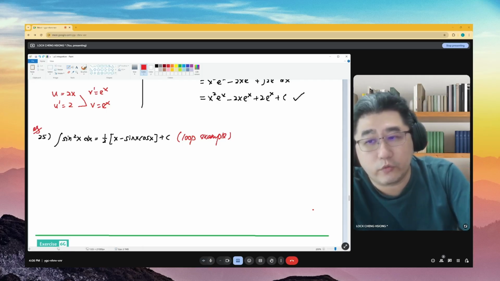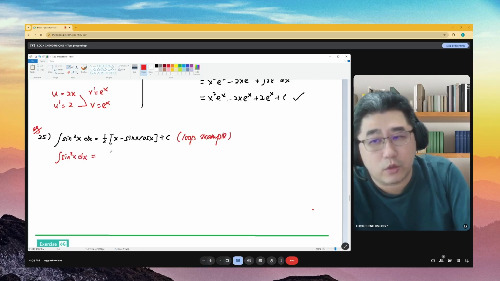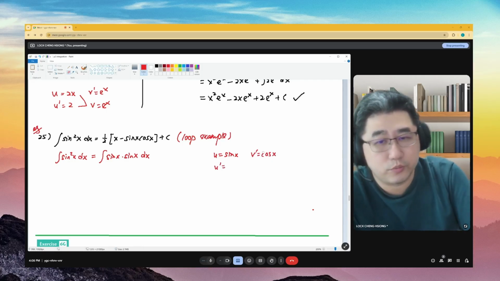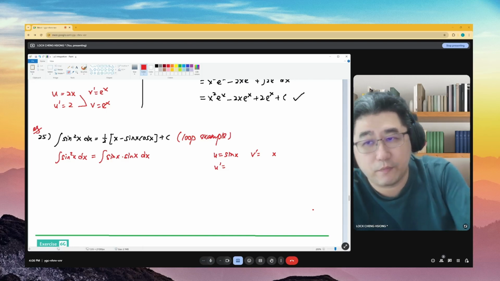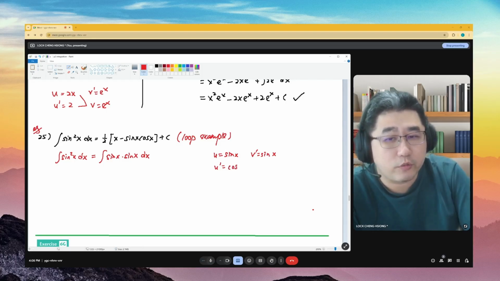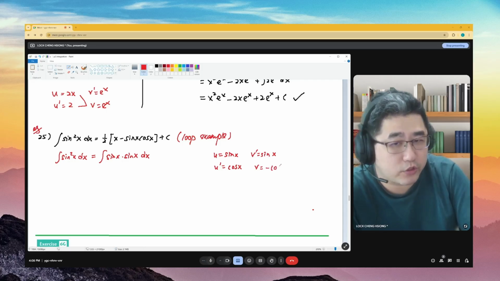So over here the question is the integral of sine squared x dx. I write it in the form of sine x and sine x. Then I will have my u equals sine x, and my v prime equals sine x, my mistake. u prime, differentiated, goes to cos x, and v, integrated from sine x, gives a negative cos x.